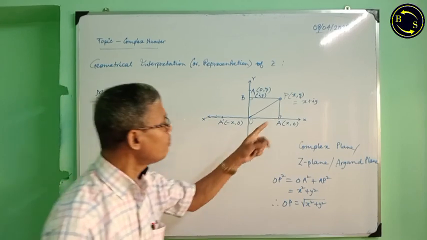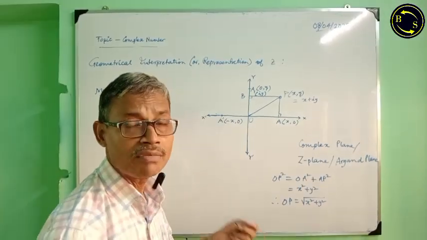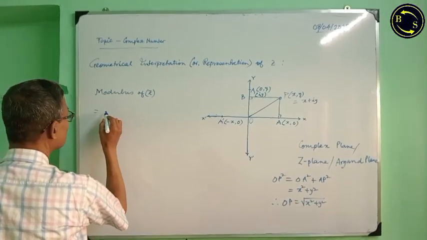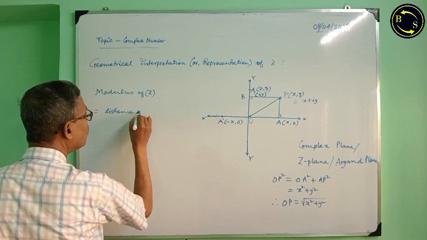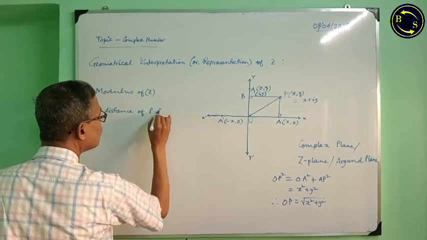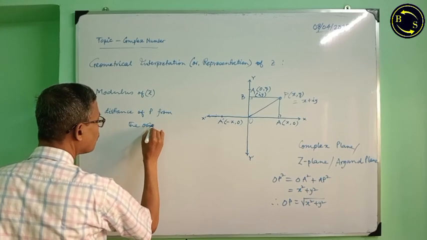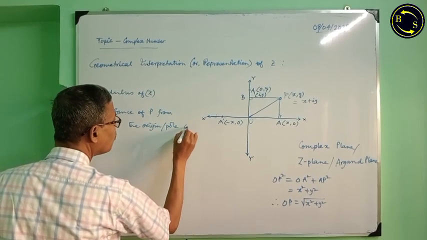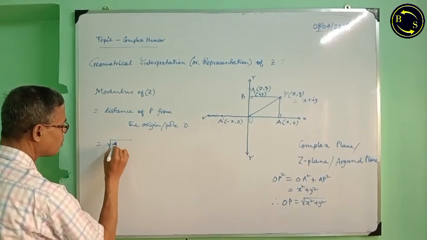Now the distance of P from the origin or pole indicates the modulus, and that is root over x square plus y square.